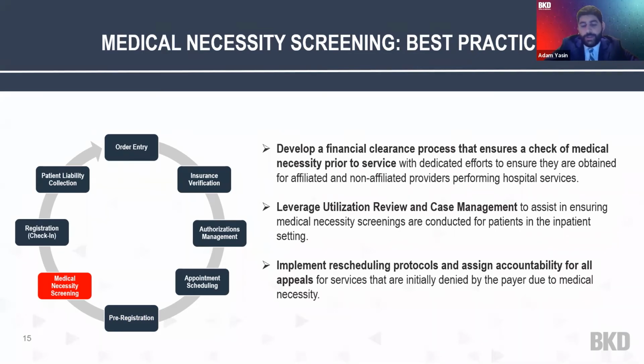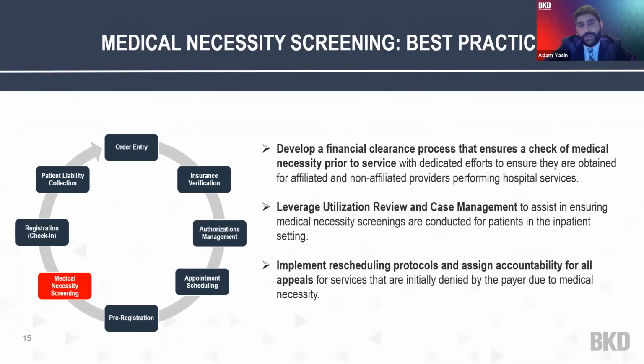What we see with a lot of our clients is that we often forget that non-affiliated providers render services in our hospitals, and each time they do so, they present financial risks to the hospital for the facility charges that occur for those encounters.